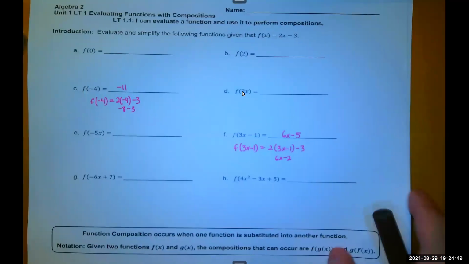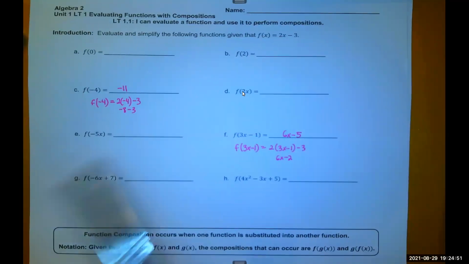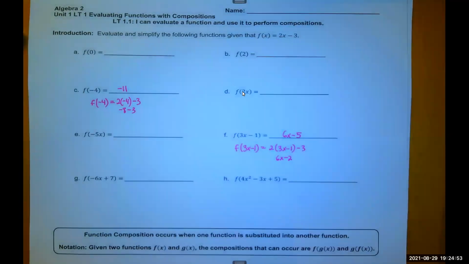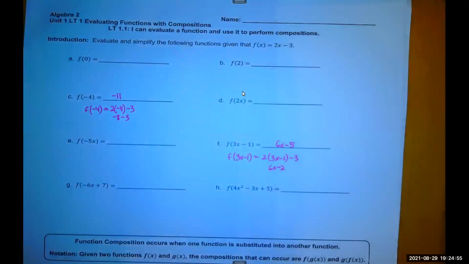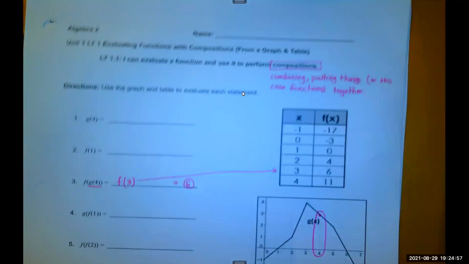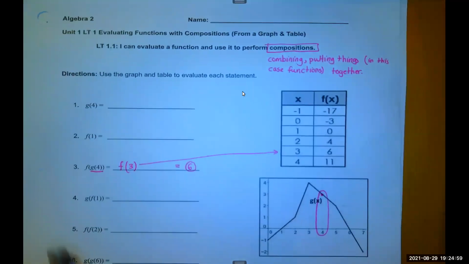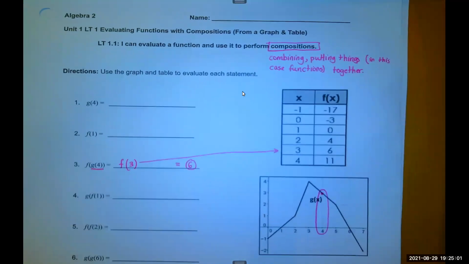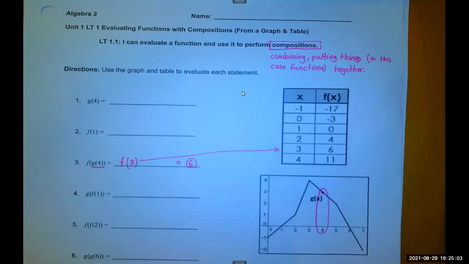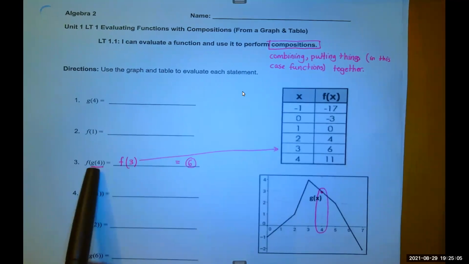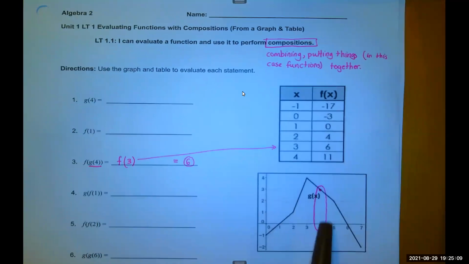Quick recapitulation. Composition is what we're studying. It's an expansion of the idea that we began here. So I have 2 functions working together. They're combined. g of 4. In this case, we use the graph to get g of 4.